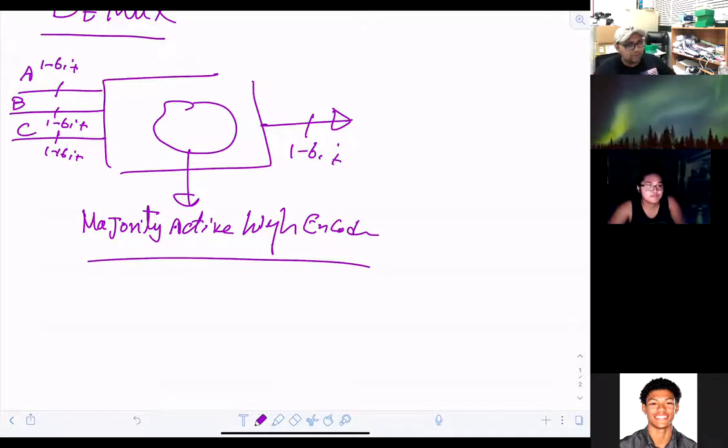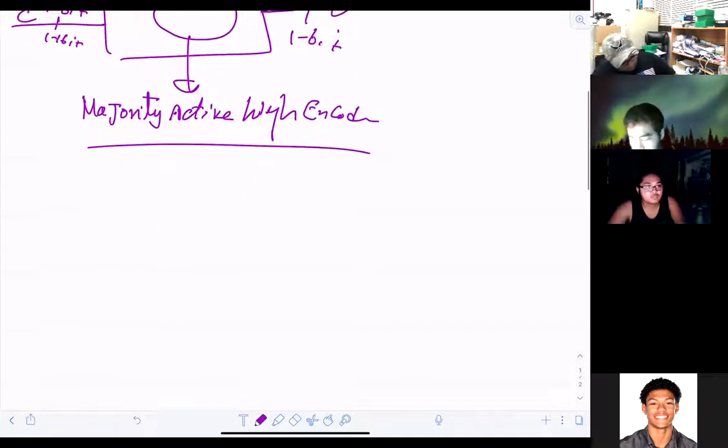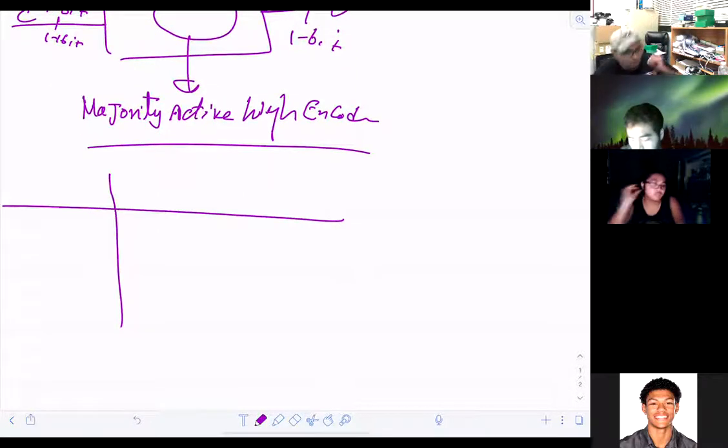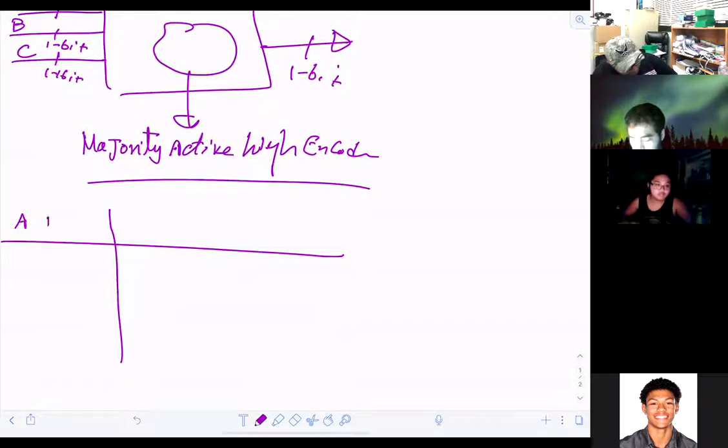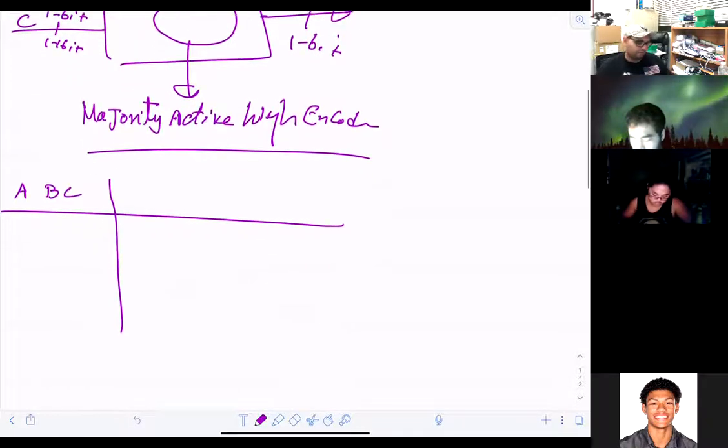When we say design, that means we have to start from what? Step number 1. What is step number 1? Derive the expression. Perfect. So first of all, we're going to make the truth table. On the truth table will be what? A, B, C. We have 3 of them, right?